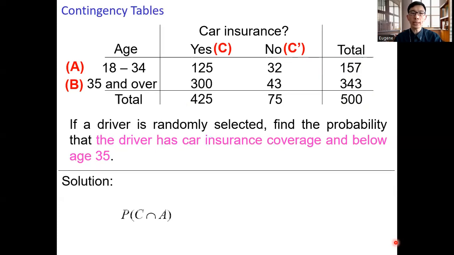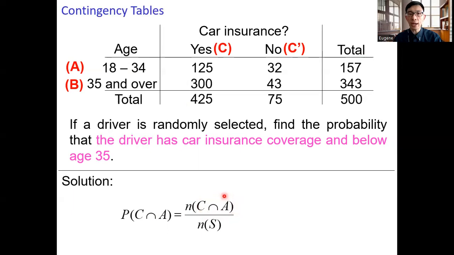In this question, we are interested in the probability that the driver has car insurance, event C, and the driver is below age 35, which corresponds to event A. This is equal to the number of drivers in our sample that has car insurance coverage as well as the driver is below age 35. So this is denoted by the symbol N of the intersection of C and A.